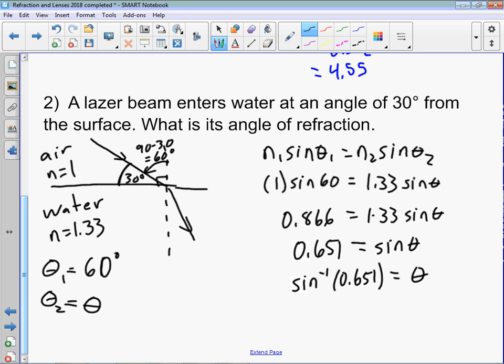So be proactive and make sure that you have your own calculator and you know how to use it. And it turns out that this angle is about 40.6, so we'll call it 41 degrees. So the angle of refraction here, theta 2, is about 41 degrees.